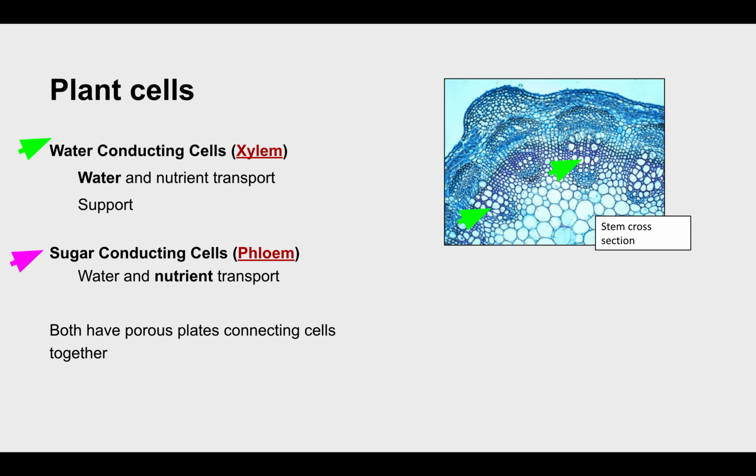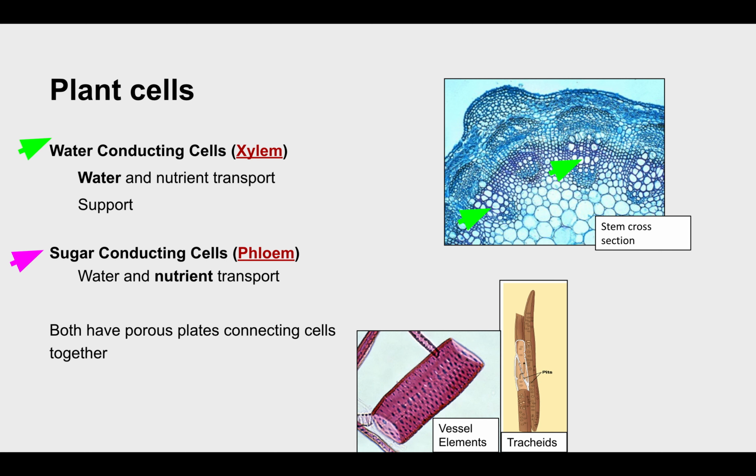Now, the sugar conducting cells would be the phloem. They transport water and nutrients, but mostly nutrients. They're really used to move nutrients around in the plant. And here's my arrow. And so the phloem, again in our vascular structure, tends to be those smaller cells.